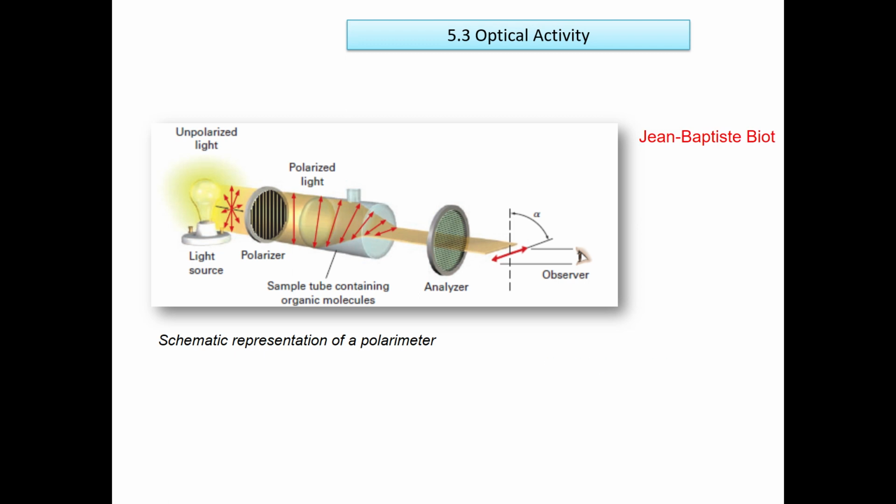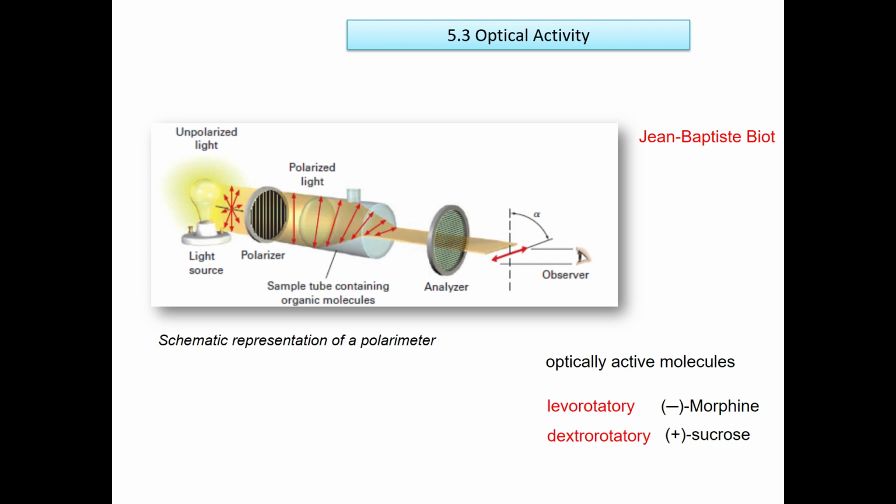This is the only difference between 2 optically active molecules. One will be levorotatory. For example, minus morphine is levorotatory, and for example, sucrose, a sugar, is dextrorotatory. That doesn't mean that natural products are always rotating the light in the same direction.